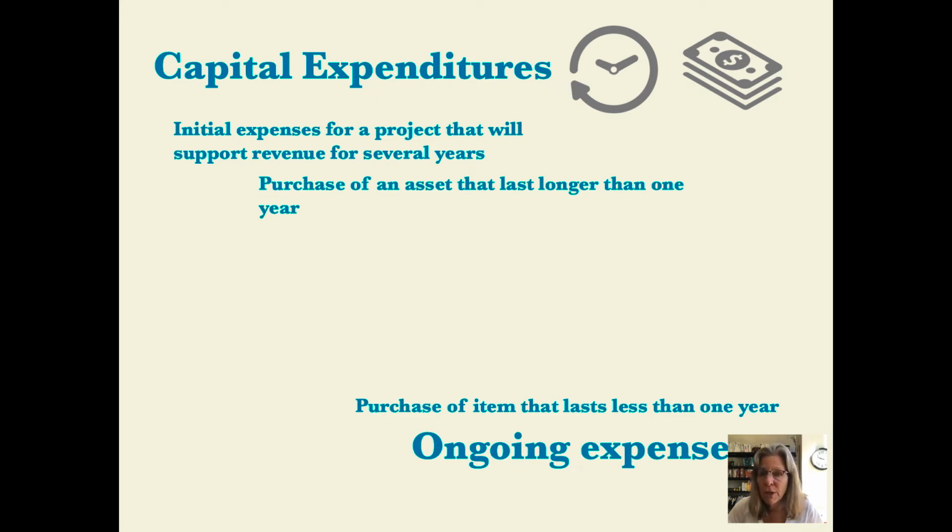Any raw material that we use up is considered an ongoing expense. Any kind of thing we pay, like rent or salary, those are considered ongoing expenses. These are expenses that support revenue in that year only. So the one that supports revenue over a time period is capital expenditure, and the other supports revenue only for 1 year.